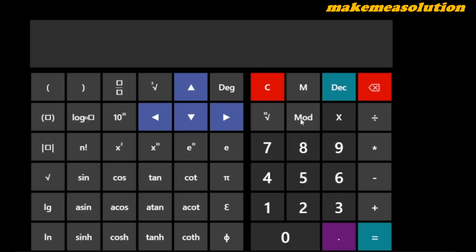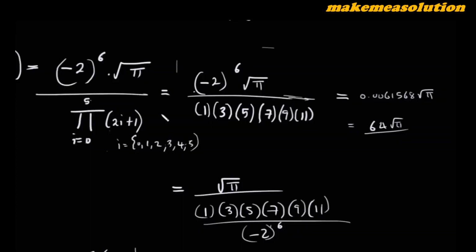So 1 times 3 times 5 times 7 times 9 times 11 is 10,395. Okay, so you could leave the answer like this for gamma of negative 11 over 2. You understand, after applying this formula.